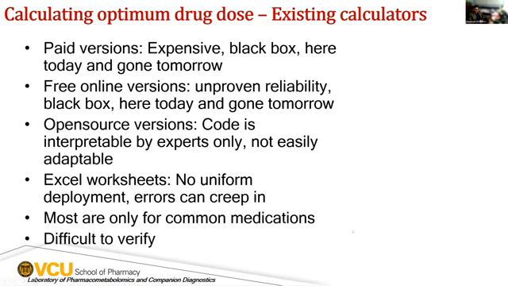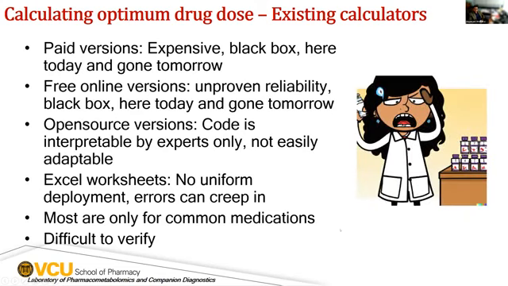And the other problem, most of the time, these are difficult to verify. So existing calculators, while they provide some functionality, actually end up creating long-term headaches. Not short-term solutions they will give, but long-term, it's not a good solution.